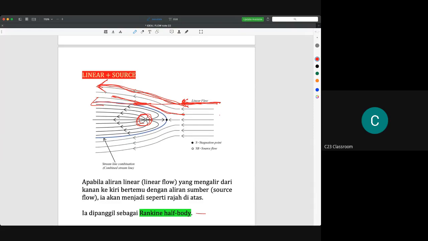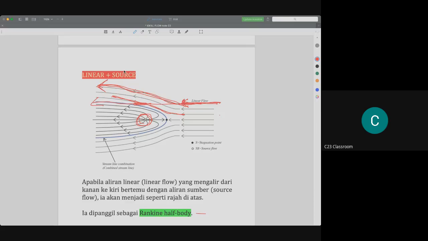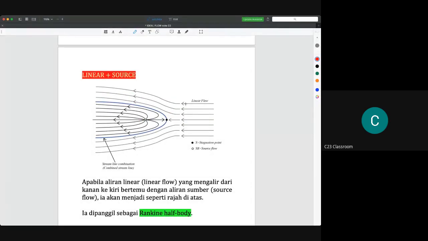Kerana idea lain yang kita gunakan di sini ialah, awak pun faham linear flow di sini sebenarnya adalah stream function, dan for sure kita ada velocity potential. So velocity potential, as we discussed previously, is an imaginary line and it must be perpendicular to the linear flow. So imagine that first we have something like this, and then like this, and so on and so forth.